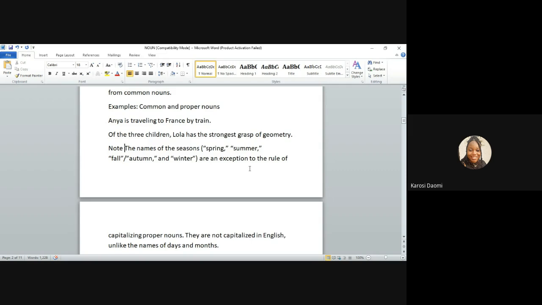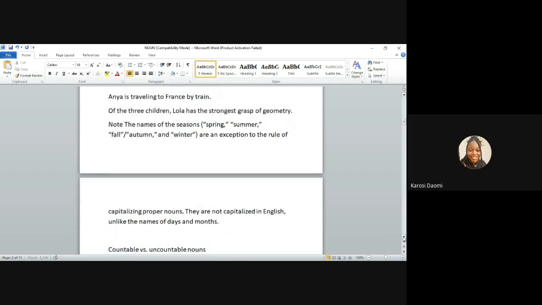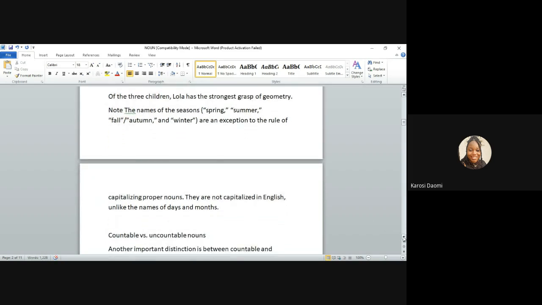You usually would capitalize proper nouns, that's specific names of people, places, things. But seasons are not capitalized. So you have spring, summer, fall, autumn, and winter. They are exceptions to the rules of capitalization of proper nouns, so they are not capitalized in English, unlike the names of days and months.